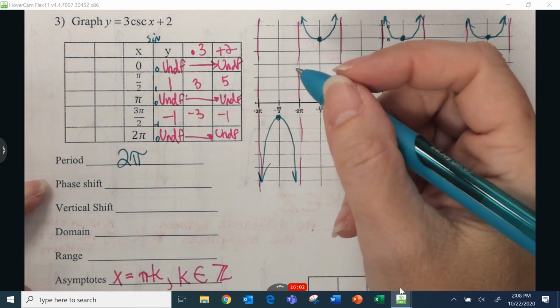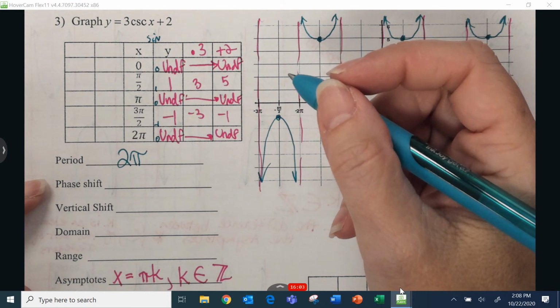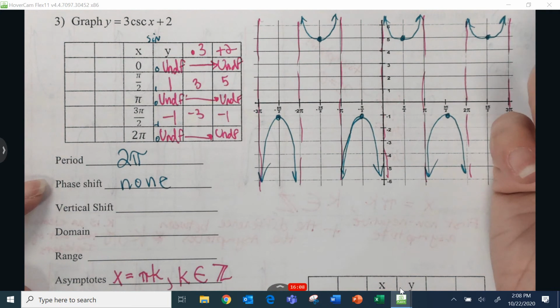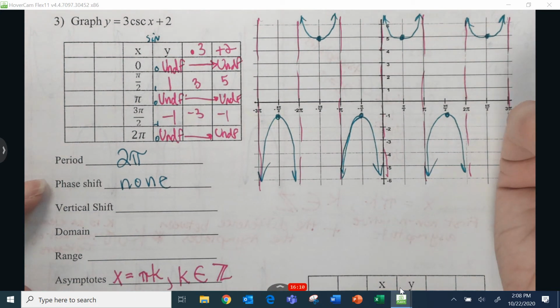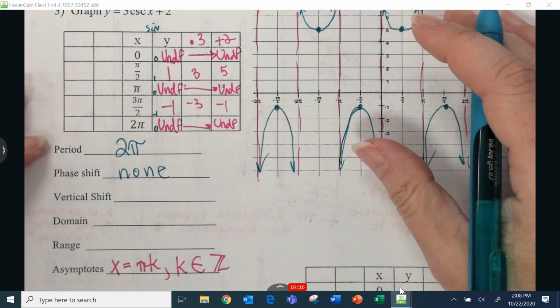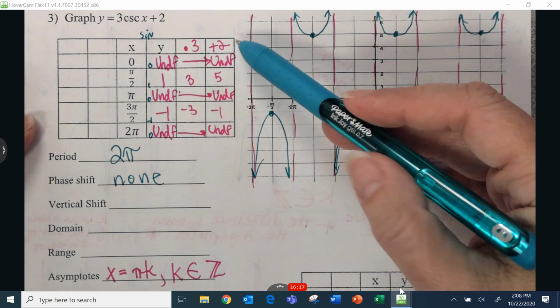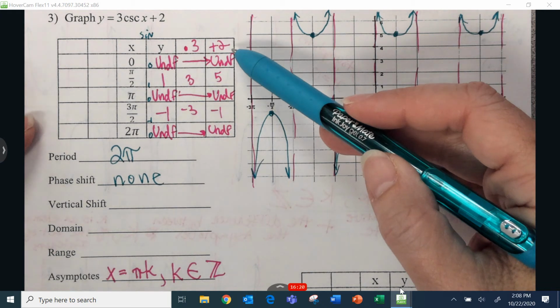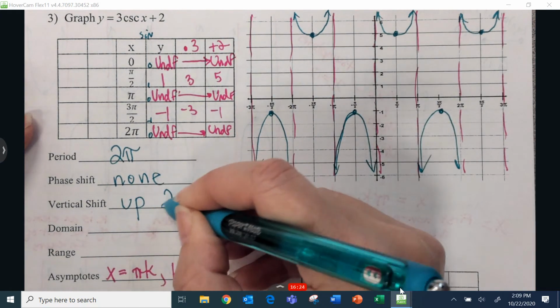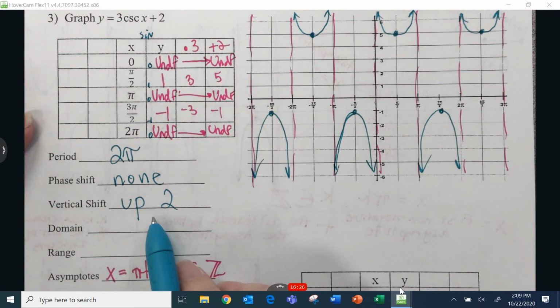So I don't leave it blank. If we didn't have one, I'm just going to write none. That way I know that you know the answer. I don't think that you just left it blank. Vertical shift, we did vertically shift. And where did we vertically shift? Up 2. So like that, if you were going to write that on Canvas, that would be allowed to have a space.